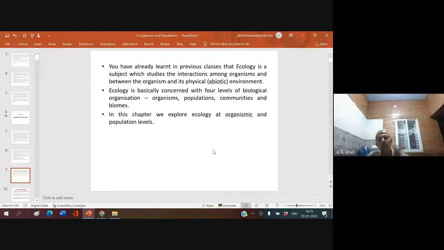Your forest is a biome. Your river is a biome. A biome is an easily recognizable large unit of nature with its own habitat, climatic condition, fauna and flora.